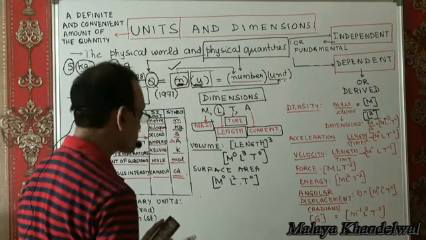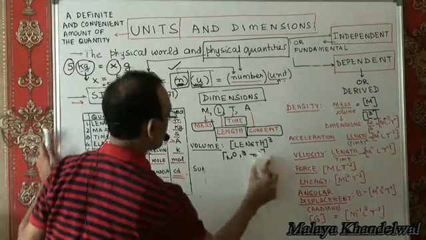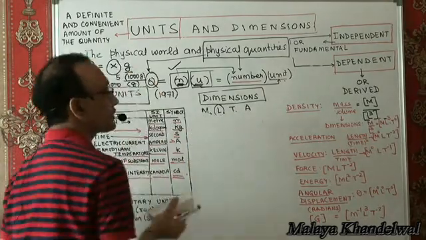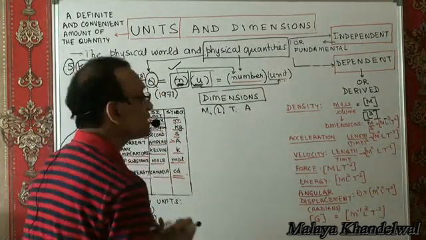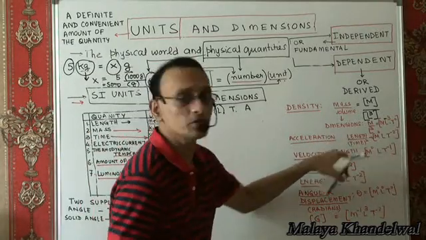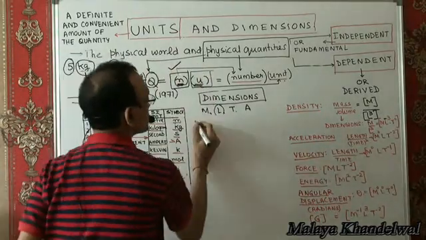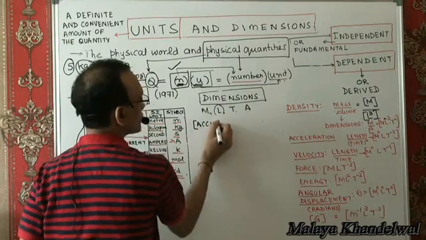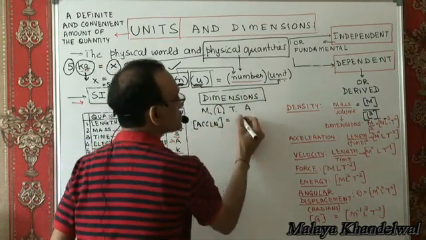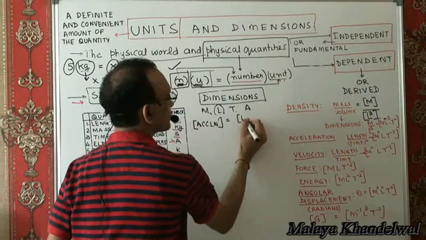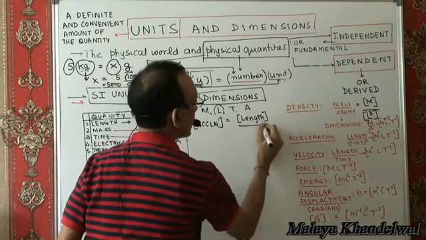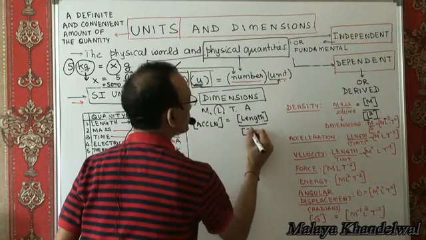Let's look at a few more quantities. Say now we have acceleration. Acceleration is like length by time squared. So dimensions of acceleration would be dimensions of length divided by dimensions of square of time.